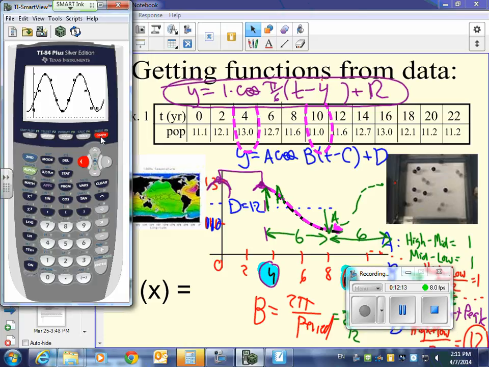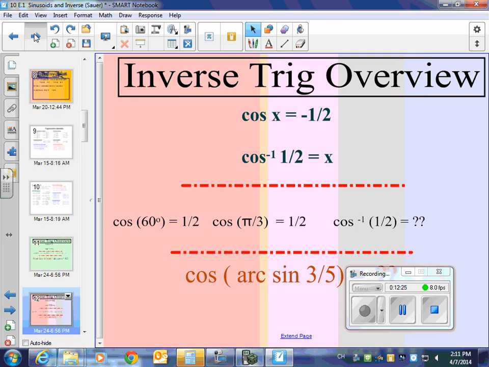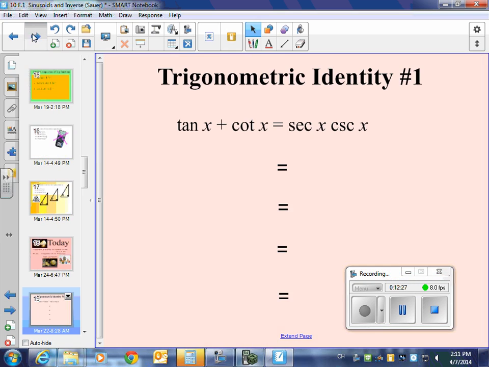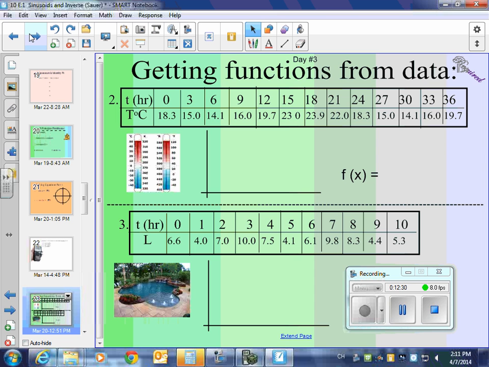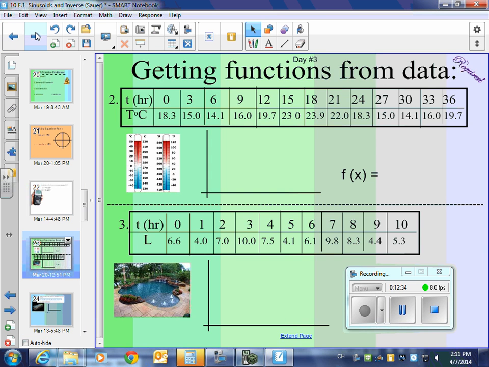And there you go. That's how you can take real data, make an equation, and use your calculator to see how well that equation fits. Now you try that with numbers 2, 3, and 4. See what you can do with 2, 3, and 4.